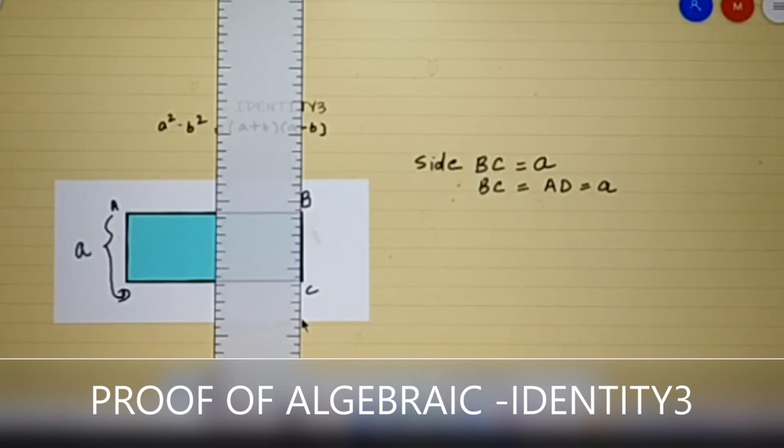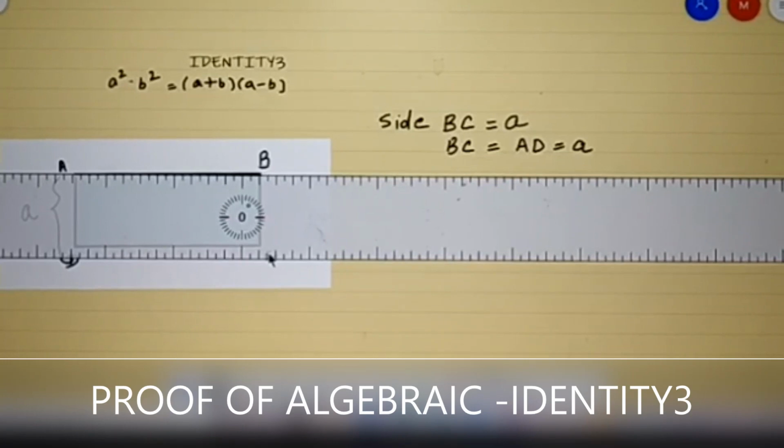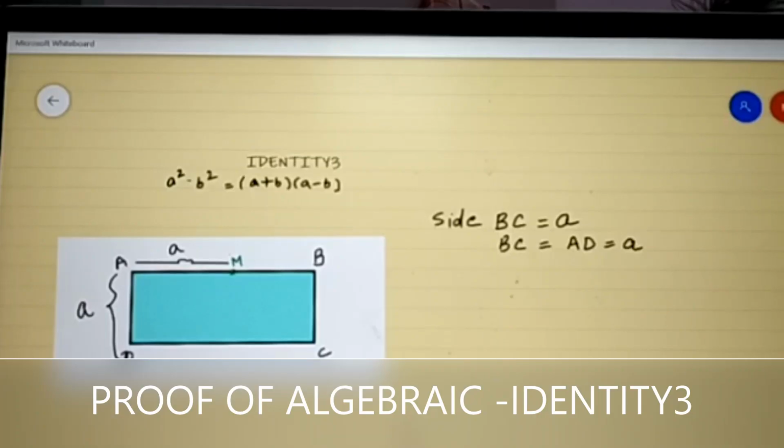We measure the value of a, which is BC here, and mark AM, which is just equal to a. So we have to mark this point M. Now AM is a, which is equal to the side AD.